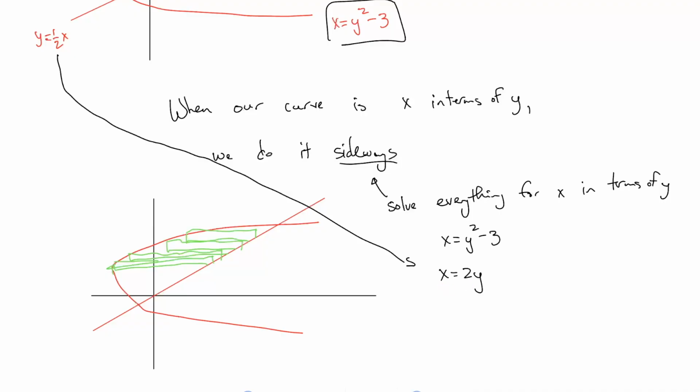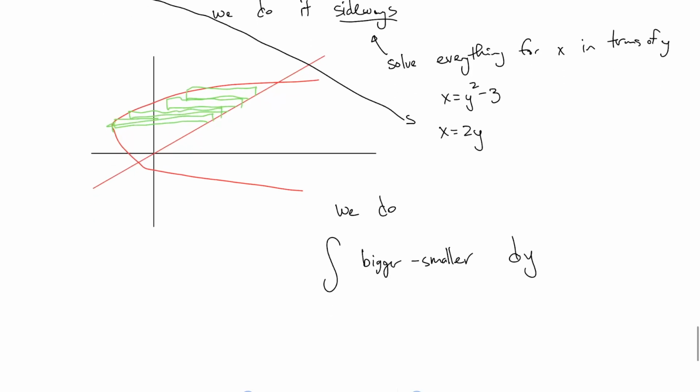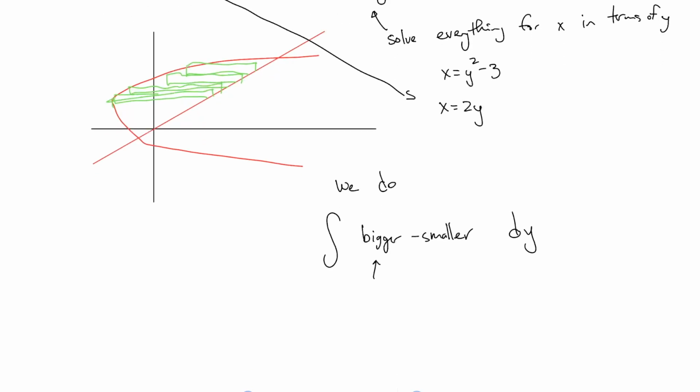All right, and then we're going to do the integral of bigger minus the smaller, but everything using y's and a dy, where bigger means, usually when we do it, the one that's further up, and smaller means the one that's further down.